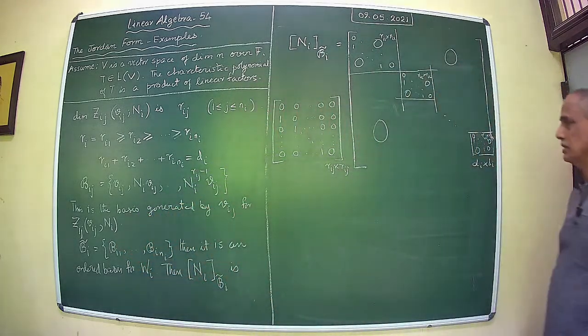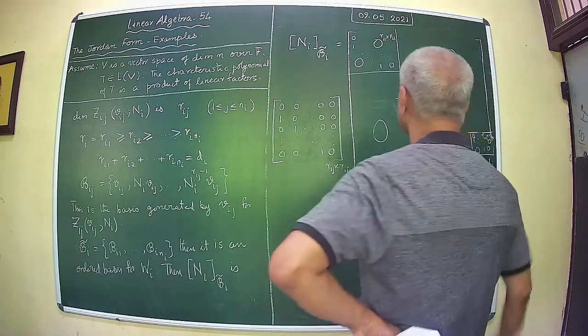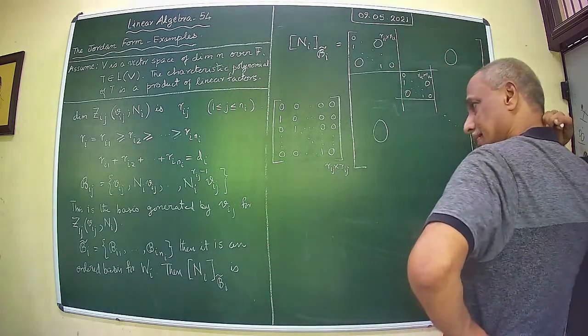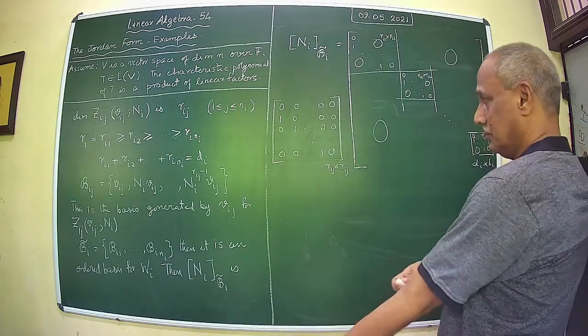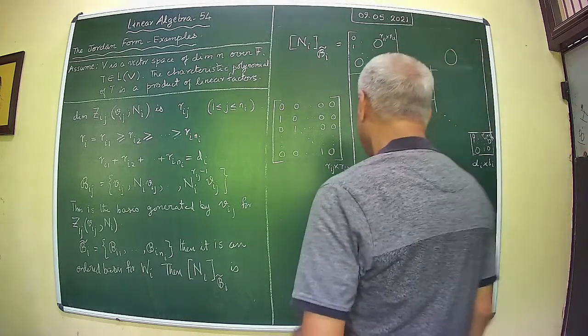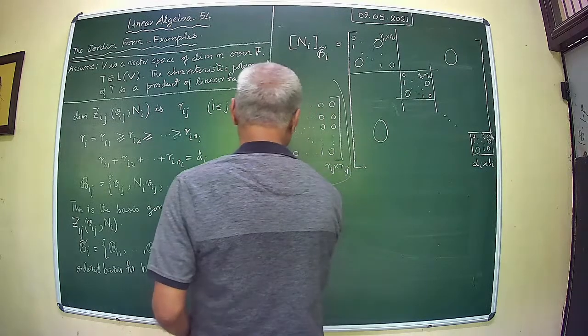This is the shape of this matrix, Rij cross Rij for various values of j, j running from 1 to n. This is the typical form of the matrix.